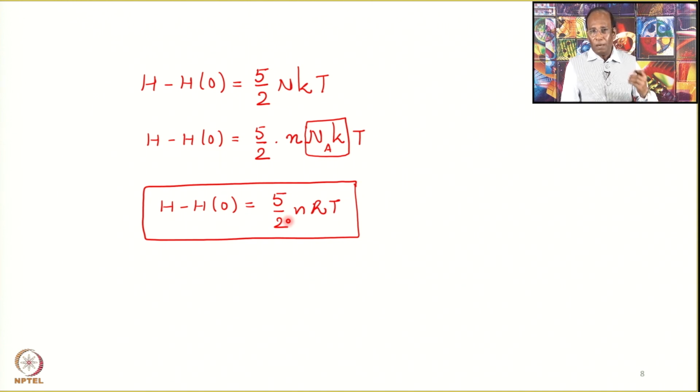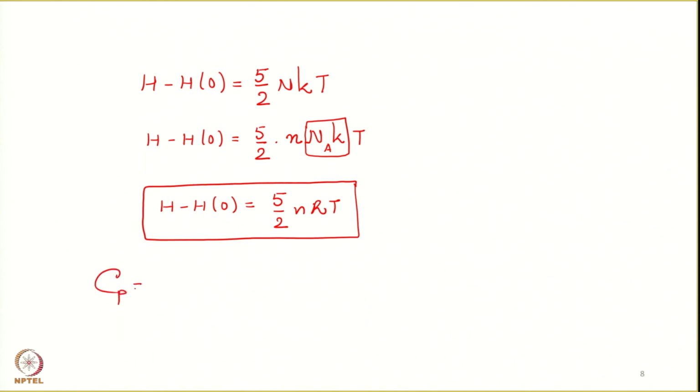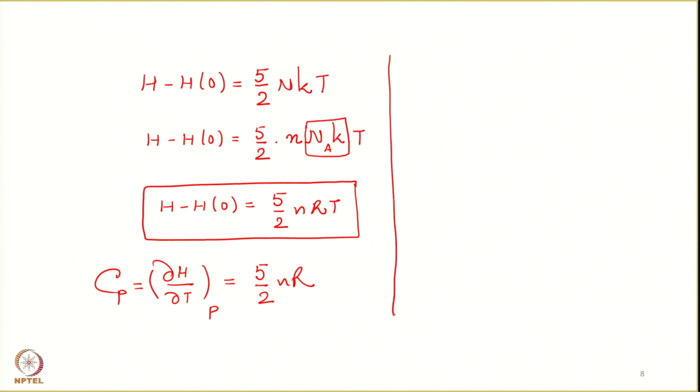One simple quick application is to derive an expression for heat capacity. Cp, the heat capacity at constant pressure, is del H del T at constant pressure. Taking the derivative of this, it is simply 5 by 2 nR. This is an expected result because we were discussing a monatomic perfect gas.